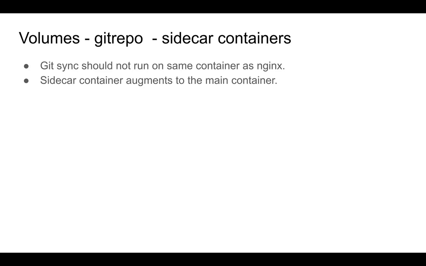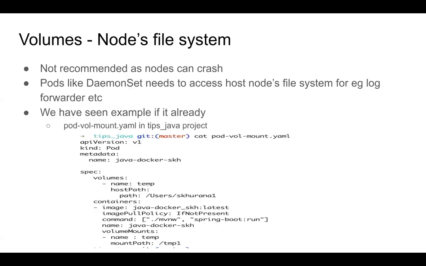Basically, there will be a main container which does the real work, but there will be sidecar containers which need to do something for the main container to work, right? Maybe we'll see a little bit more about sidecar containers possibly in a subsequent session.